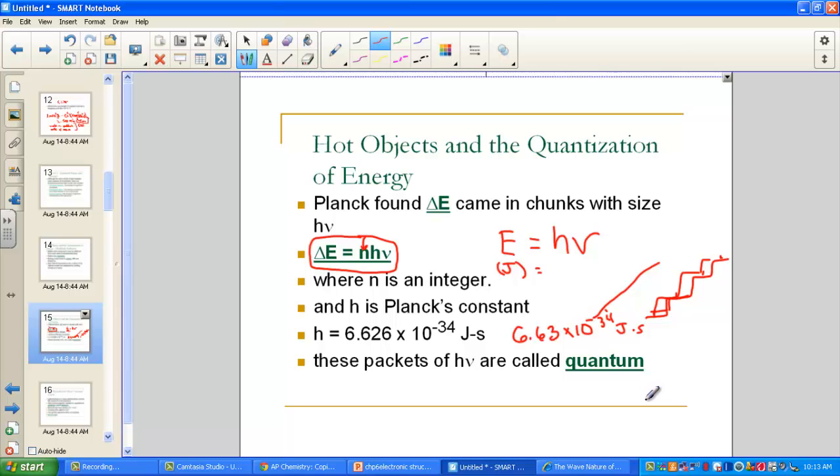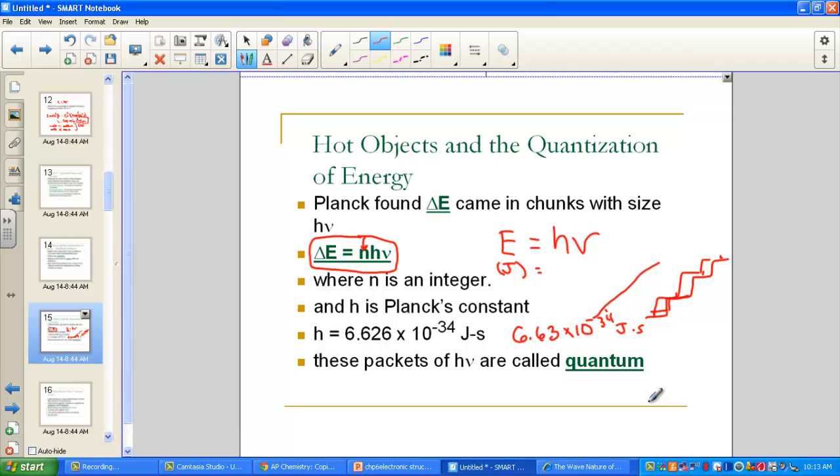According to Planck's theory, matter is allowed to emit and absorb energy only in whole number multiples of h nu, such as 1, 2, 3, and so forth. If the quantity of energy emitted by an atom has an integer of 3, for example, we say that 3 quanta of energy have been emitted. Quanta, of course, is the plural of quantum.